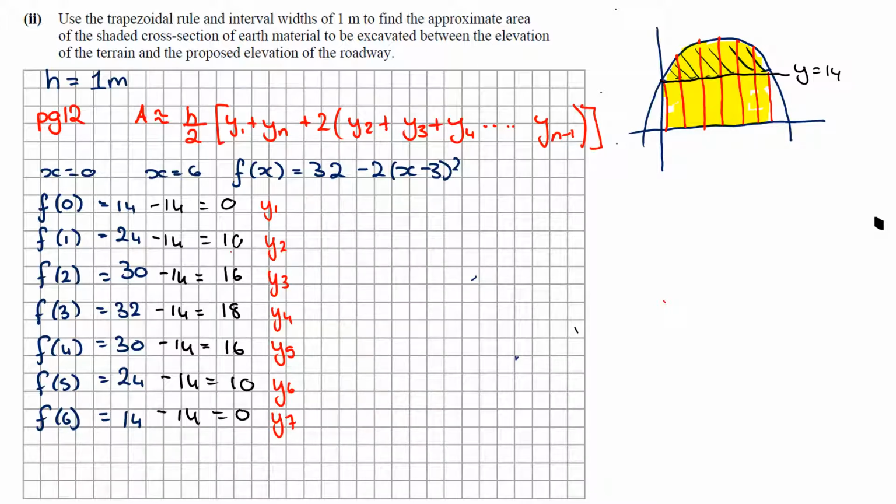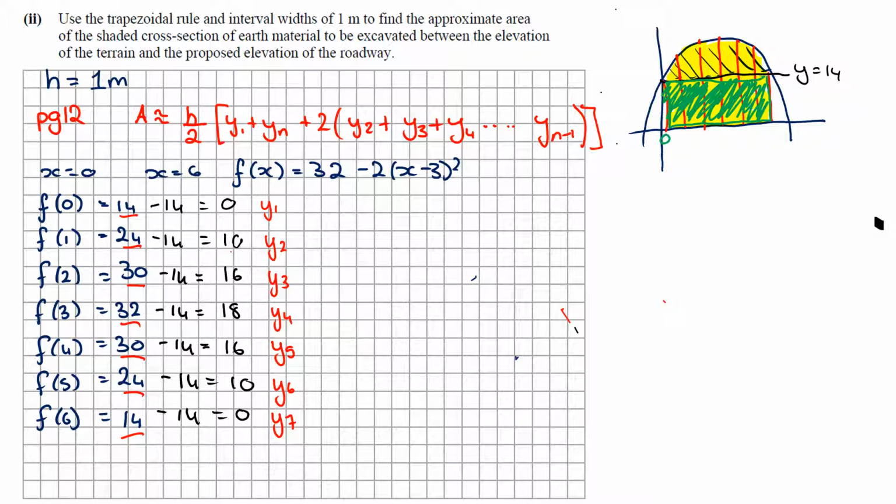If you don't, and you use the original 14, 24, 30, 32, 30, 24, 14, what you need to remember is you've included this rectangle here. And this rectangle here, that area is going to be included in what you've got from the trapezoidal rule.